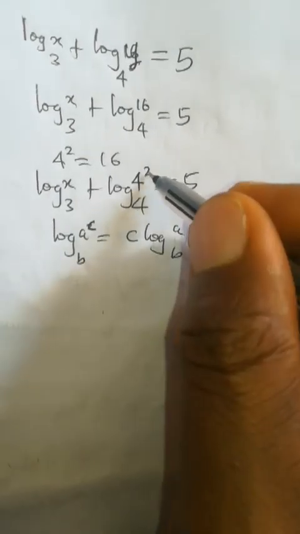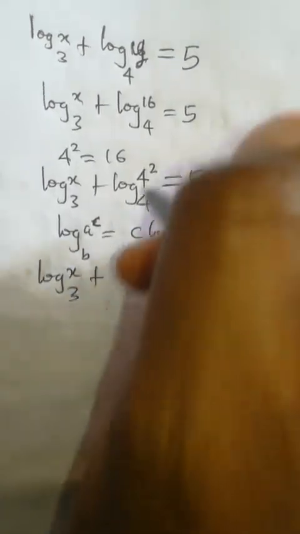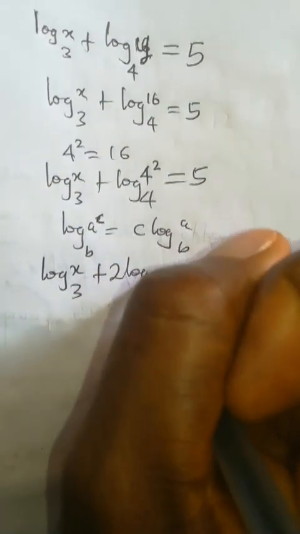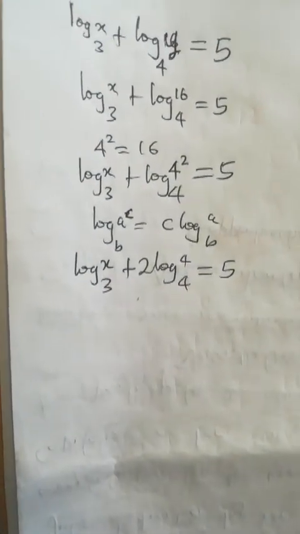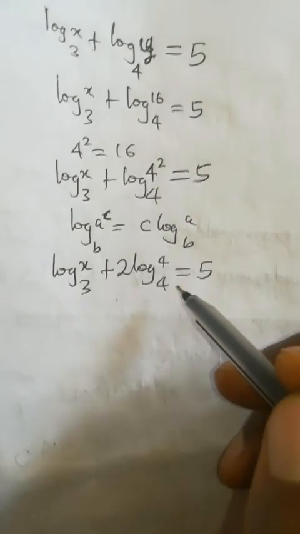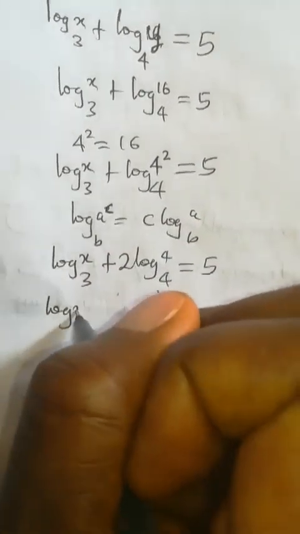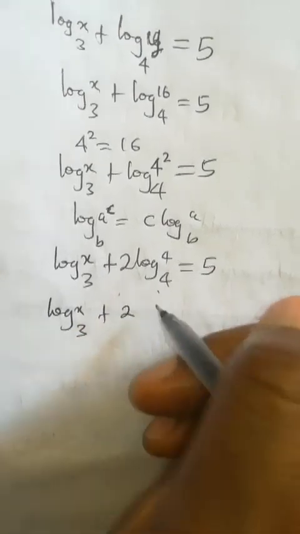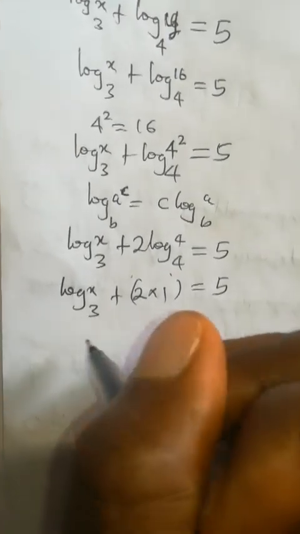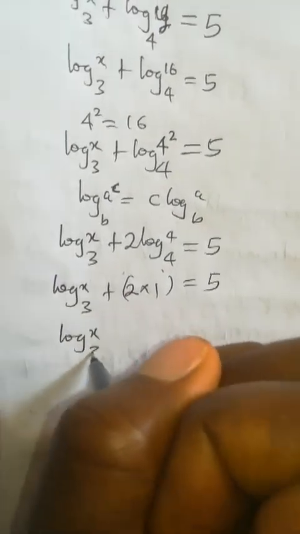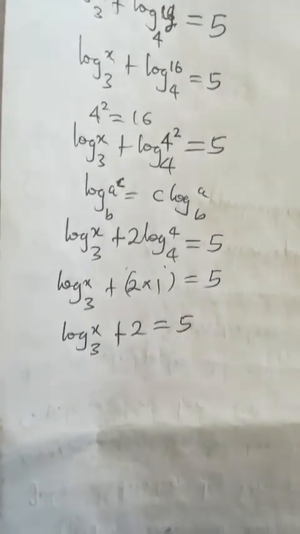So we apply it here: log x base 3 plus 2 log 4 base 4 is equal to 5. As you can see, log 4 base 4 is equal to 1. So we have log x base 3 plus 2 times 1 is equal to 5.